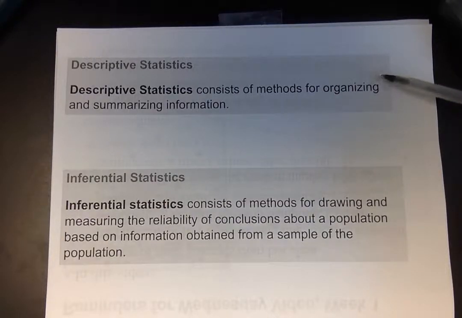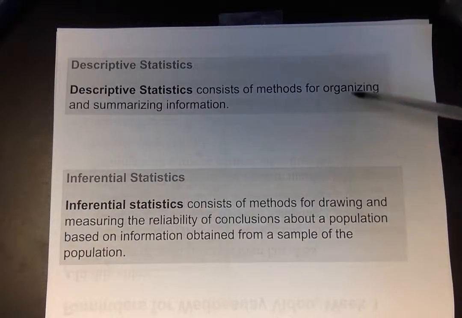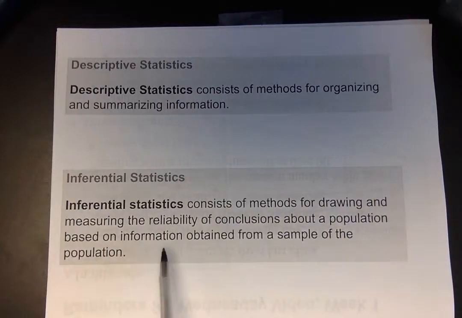Oftentimes, we don't have enough resources or it's just impractical to have all of the data, and that's when inferential statistics becomes important. This definition says it consists of methods for drawing and measuring the reliability of conclusions about a population, but the data is based on information that is obtained from a sample of the population.